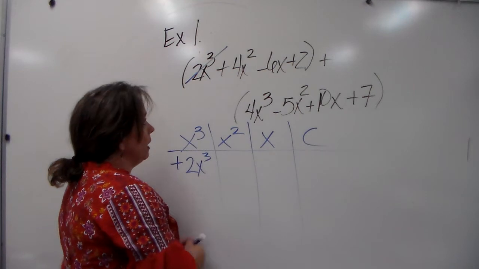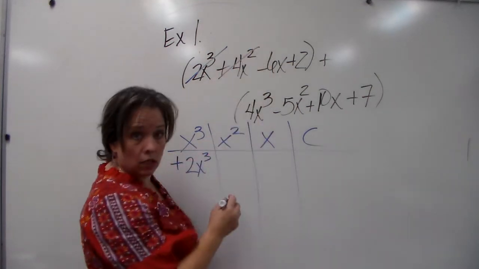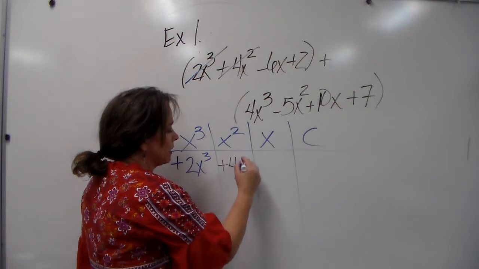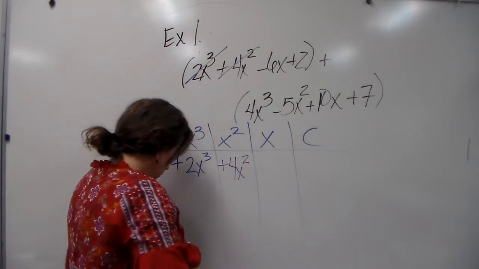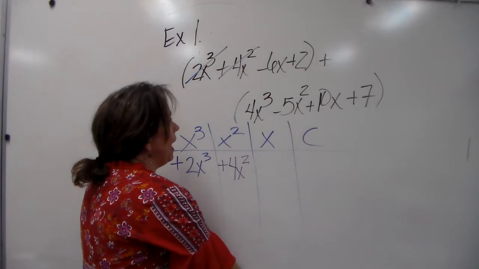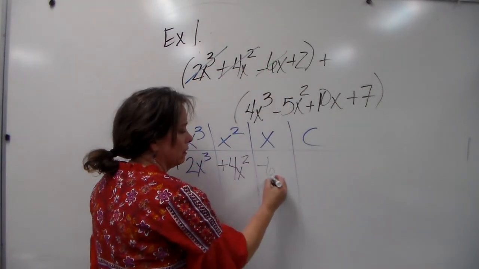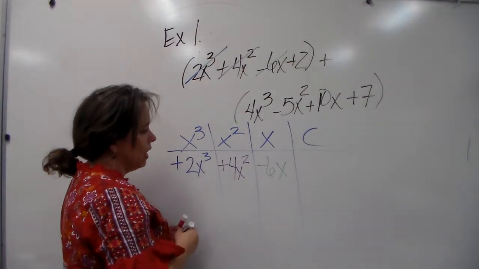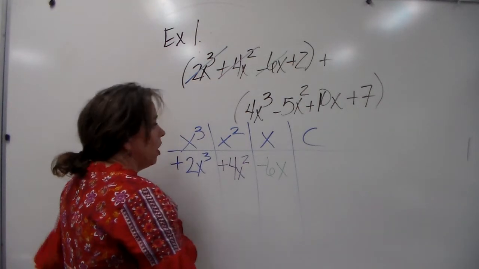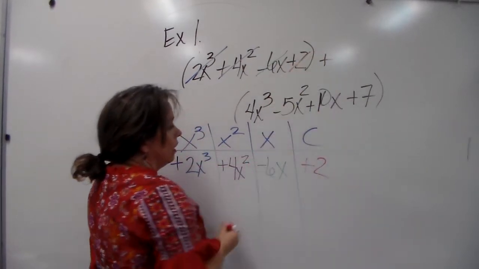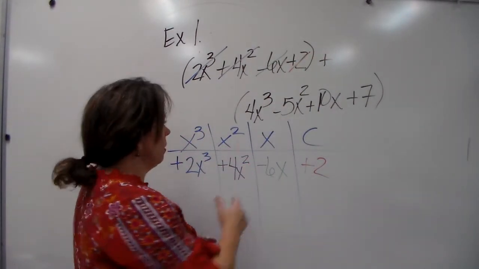Our next term is 4x squared, so we'll write add 4x squared. We have minus 6x next. All right? And then you can see that we have our constant here, which is an add 2. And then we're going to go to our next polynomial.